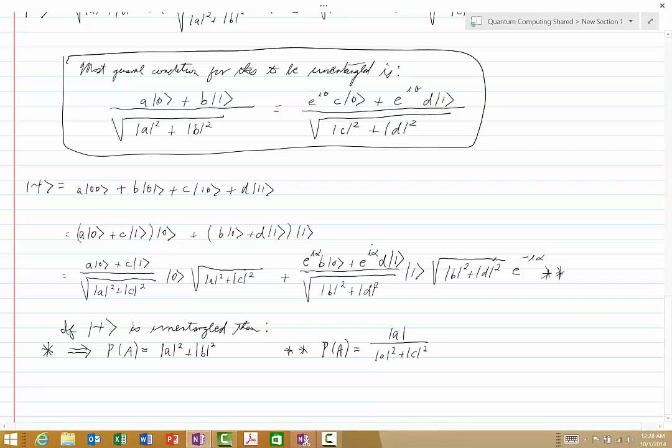And we also conclude, by looking at the second term, that the probability of A is likewise equal to the magnitude of B squared over the magnitude of B squared plus the magnitude of D squared.